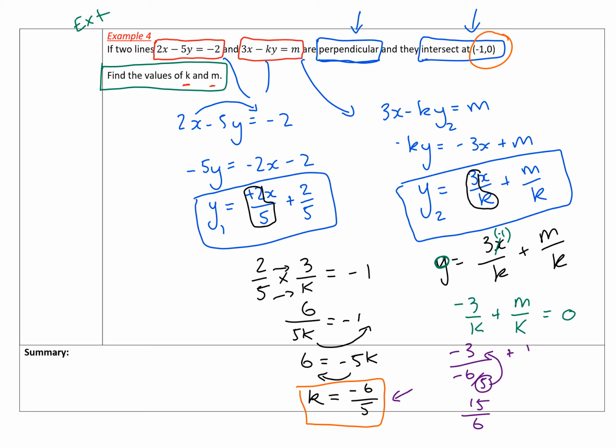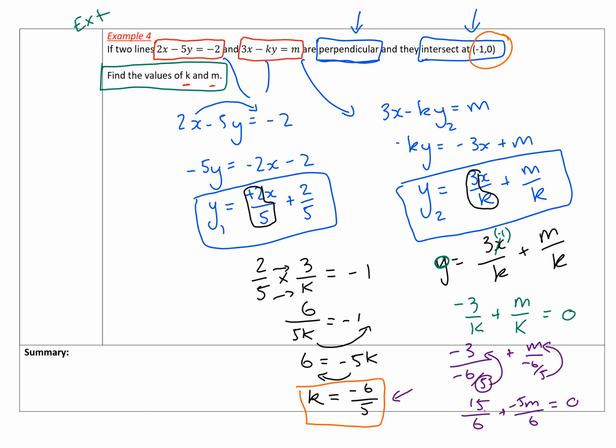Likewise, if I had plus m over negative 6 on 5, it's just a matter of bringing that 5 to the top. So I get plus 5m on negative 6. I'm just going to bring that negative to the top. Now I know that 15 plus 5m on 6 equals 0.